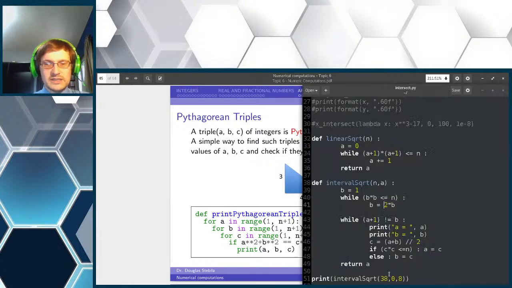So, here is an algorithm which calculates Pythagorean triples.